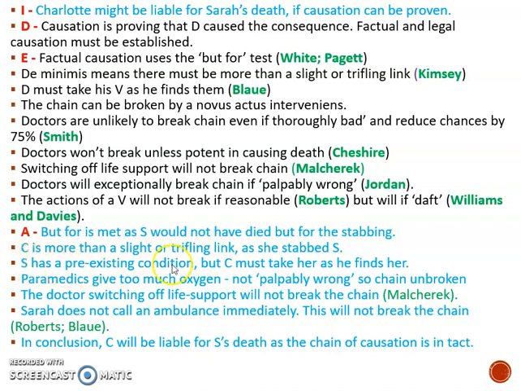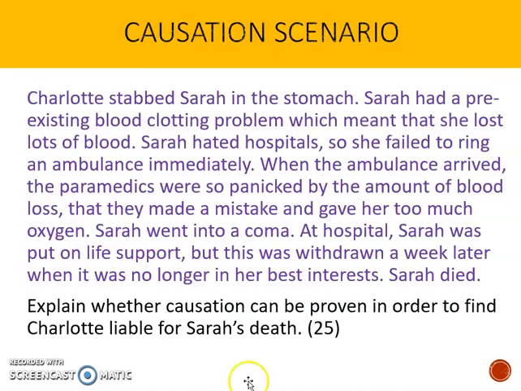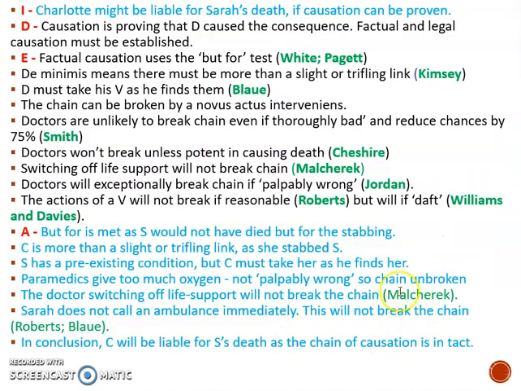Sarah has a pre-existing condition, but Charlotte's got to take her as she finds her. Paramedics have given too much oxygen, but it's probably not palpably wrong. The doctors switched off the life support at the end of the scenario. So if we just go back there, a week later, life support's withdrawn. But remember, if we apply the law Malsharek, that's not going to break the chain.